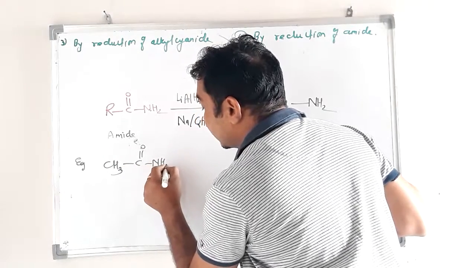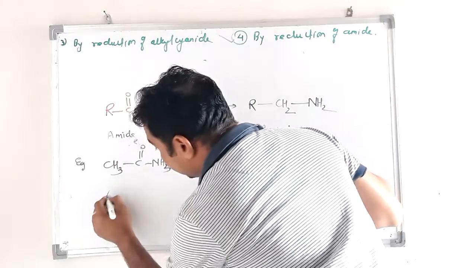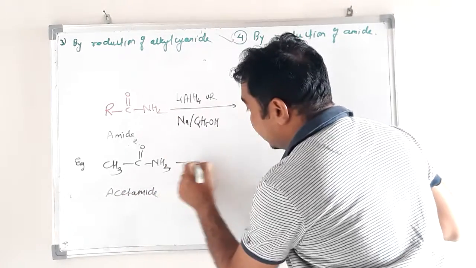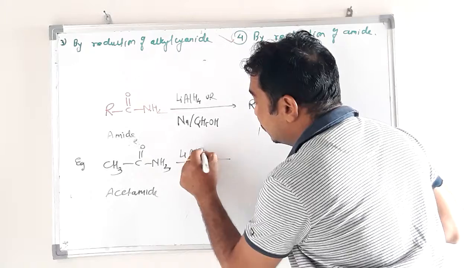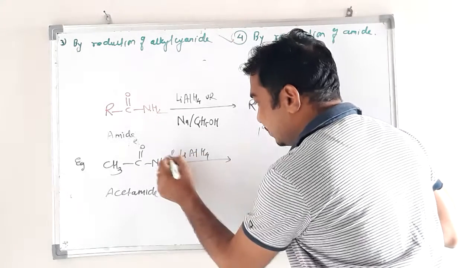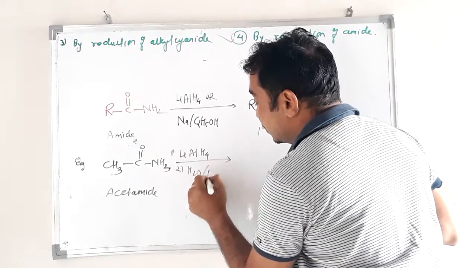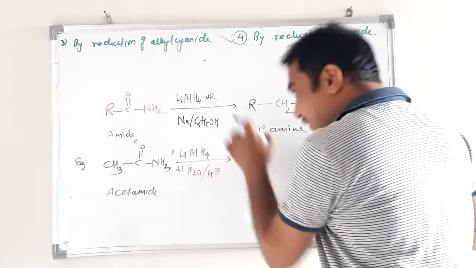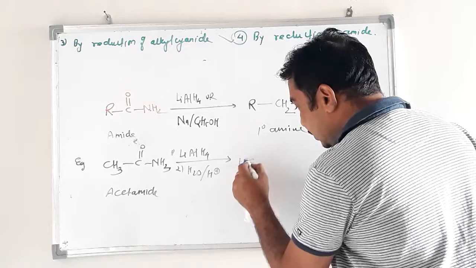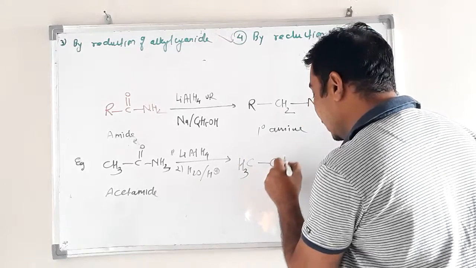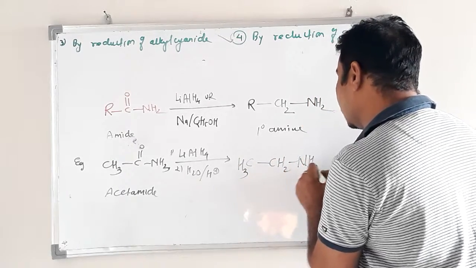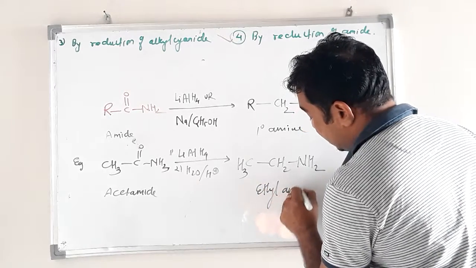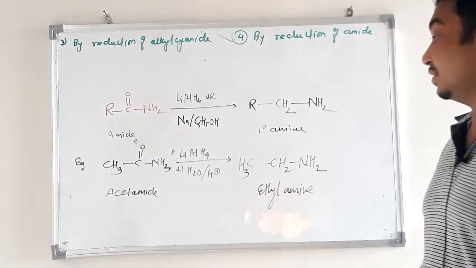For example, CH3CONH2, acetamide, reacts with lithium aluminum hydride in the first step, and the second step is hydrolysis. Then this complete reaction will convert it to CH3CH2NH2, that is ethyl amine. Ethyl amine is the product.